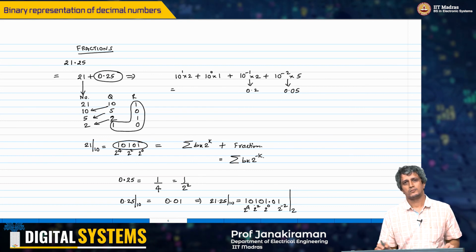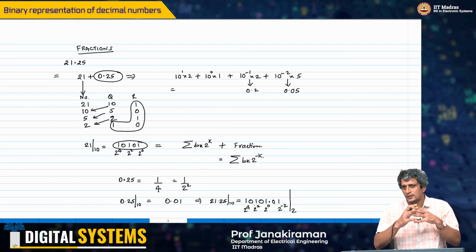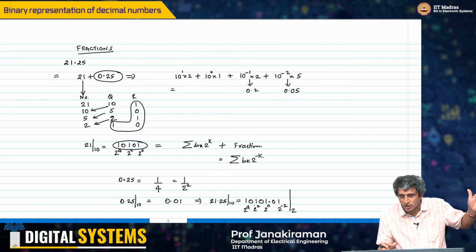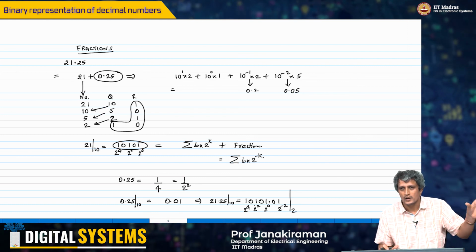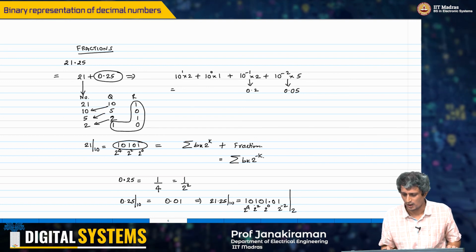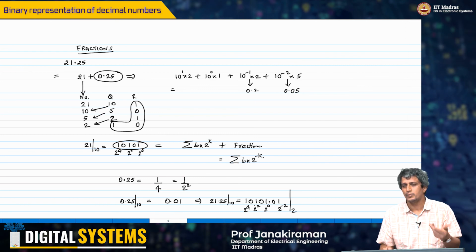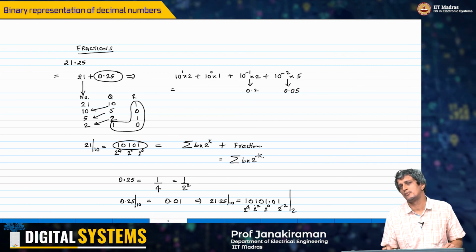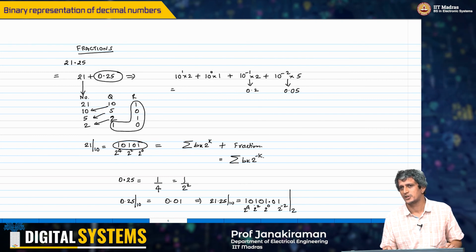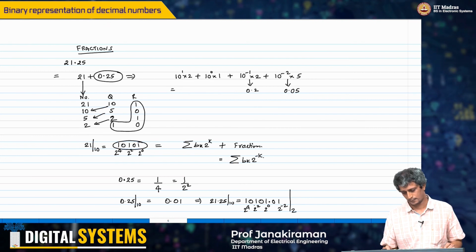So effectively the fractional representation is just a logical continuation of your integer part, just like you do in the decimal representation. We will do a lot more examples of these in the assignments and in the practice problems, and you will get very comfortable with this representation going forward. Yeah, thank you.